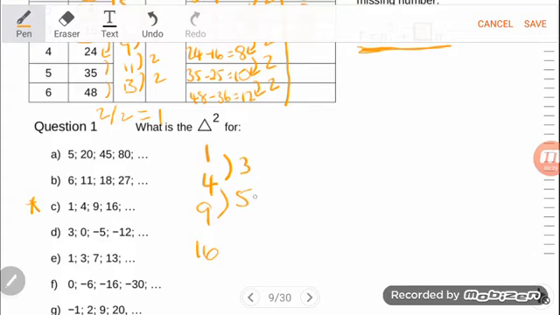Then we've got 5 as a difference. Then we've got 7. Okay, no linear difference yet. The second difference. Let's use the same symbol for change, shall we? Our delta. Our second difference is 2. 5 to 7 is 2.